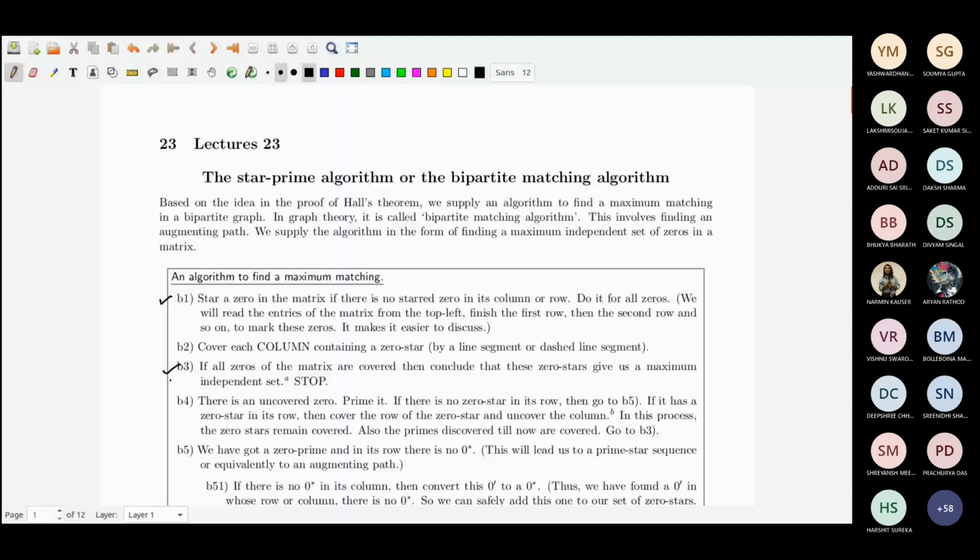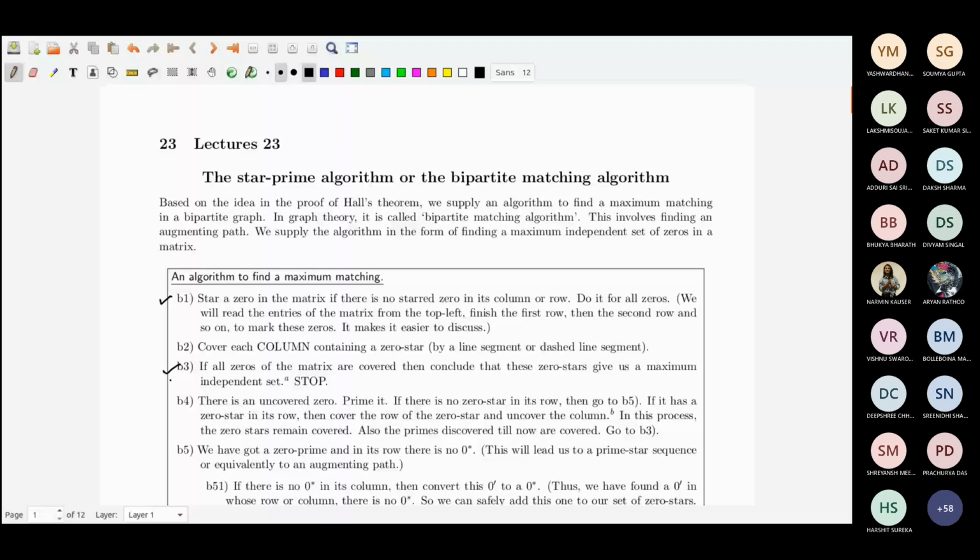You cannot get too many primes that have 0 stars in their row. Okay, so there will come a time either you will stop by saying that, oh, no, I am not getting any, all the zeros are already covered, or you will get a 0 prime in the row of which you will not find a 0 star.